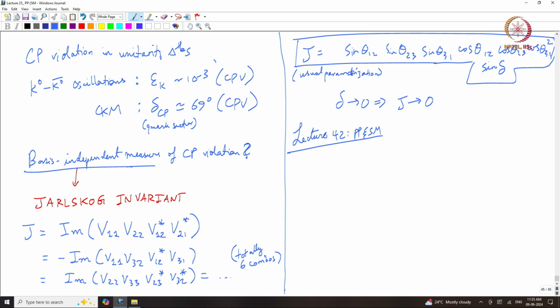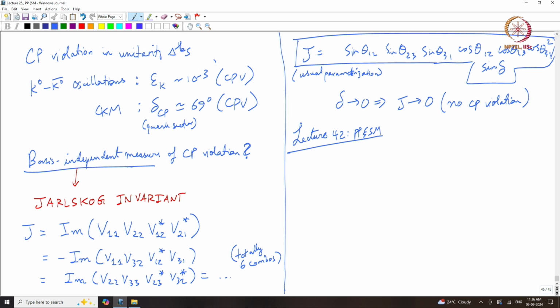But it was useful to write down the Jarlskog invariant in terms of the rotation matrix angles and the CKM phase, right, using the usual parameterization. That way we could see that if delta is 0, the Jarlskog invariant also goes to 0. Okay. All right. So that would just mean no CP violation, just to be complete. Okay.